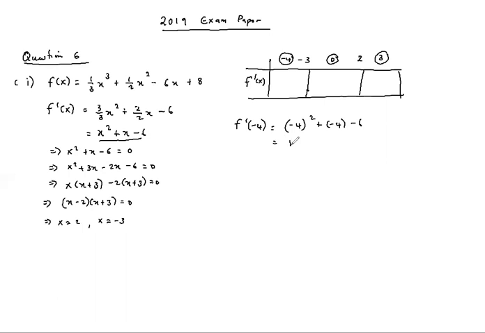This will be 16 minus 10, which is 6. You're interested in the sign. And then what is f prime of 0? That will be 0 plus 0 minus 6. So it is negative. What is f prime of 3? So you have 3 squared plus 3 minus 6. So you have 9 plus 3 minus 6.